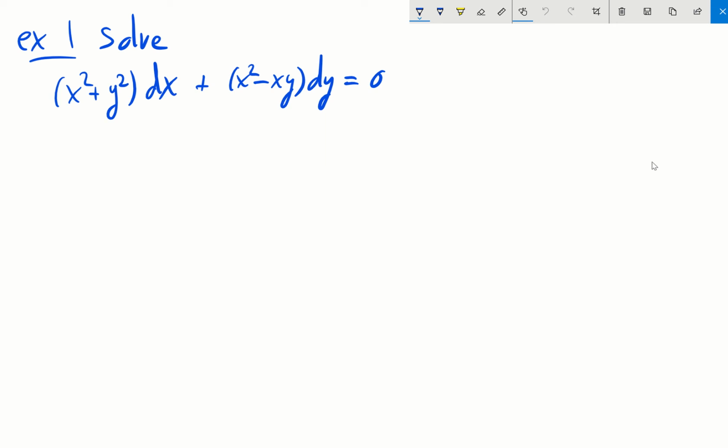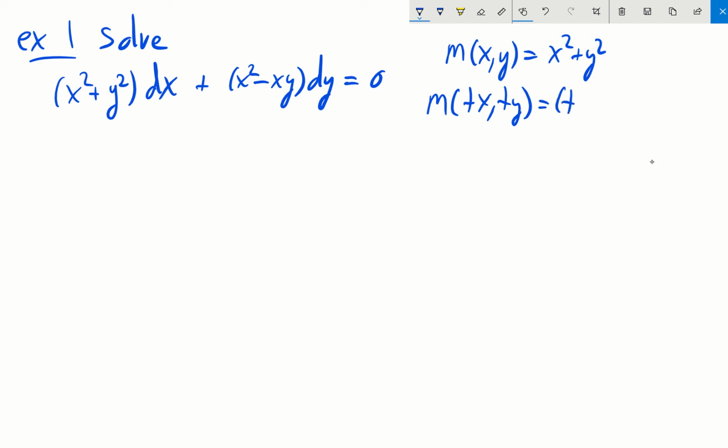But if we look at the coefficient function, we know that M of x comma y is x squared plus y squared. This one's going to be homogeneous of degree 2. If I replace x and y with tx and ty, we get (tx) squared plus (ty) squared, which is equal to t squared x squared plus t squared y squared.